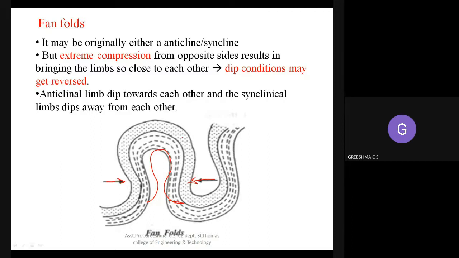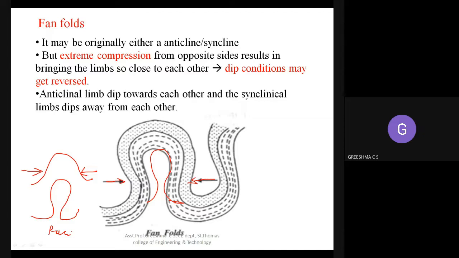This is called fan fold. Suppose the fold is like this, and excessive compressive force is applied like this, what will happen? It will be folding like this. This rock will be folded in this shape, and this is called a fan fold.